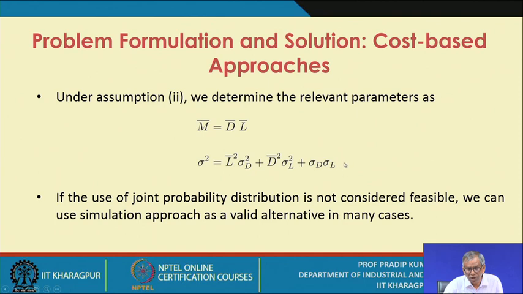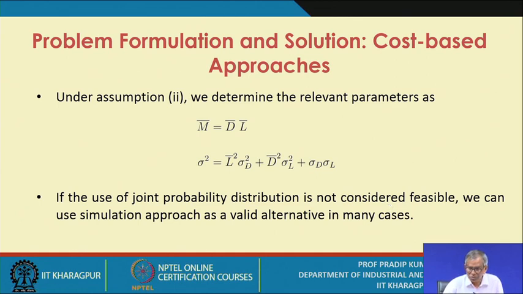Now you add one more term, the third term, sigma d into sigma L. What is sigma d? That is the demand standard deviation, and sigma L is the lead time standard deviation.